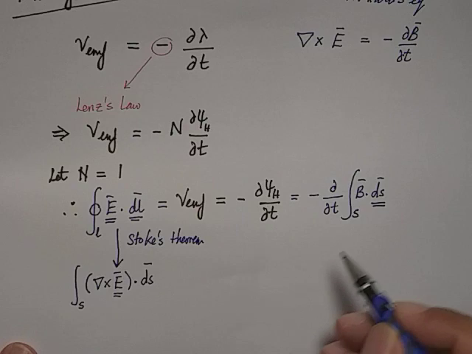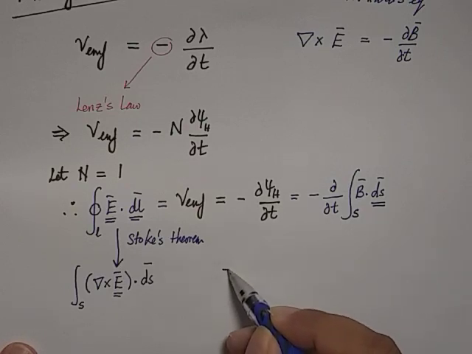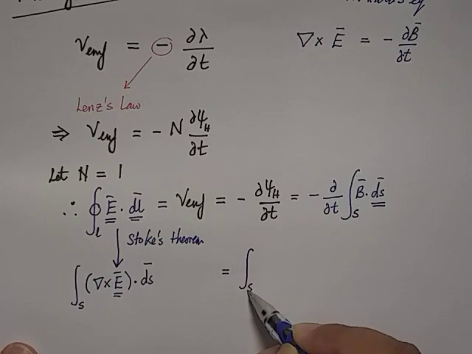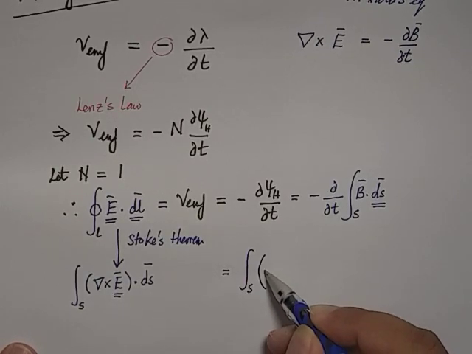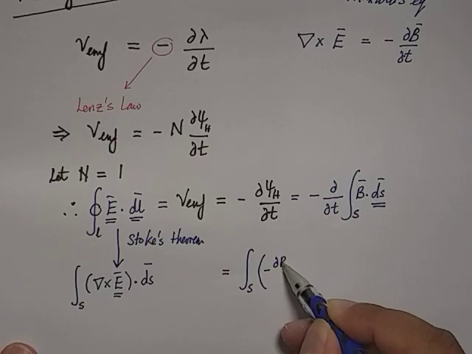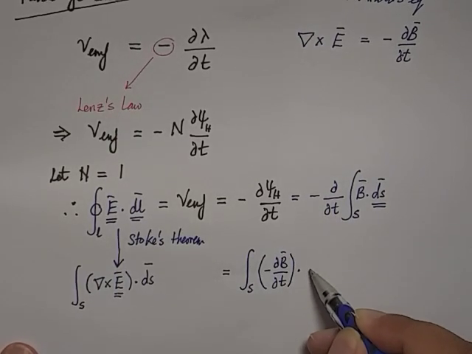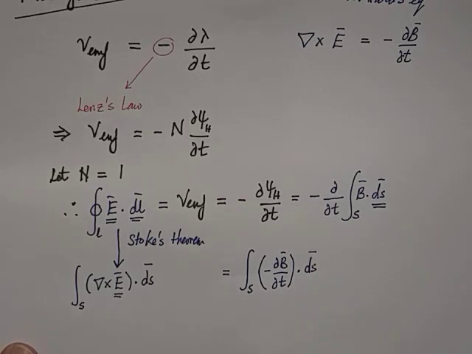For the most right-hand side now, I'm going to readjust so that the integration appears as a surface integral. Then I'm going to have minus dB over dt, dotted with ds.